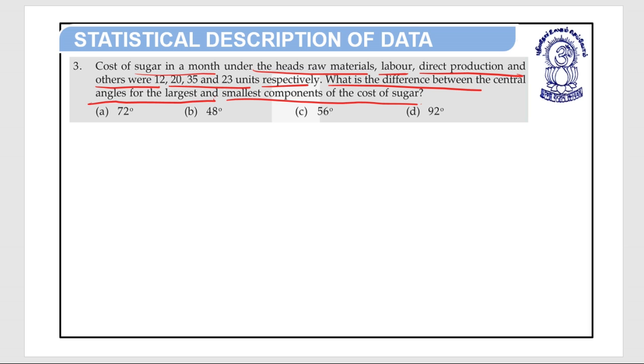So here n is equal to 12 plus 20 plus 35 plus 23, which is equal to 90.